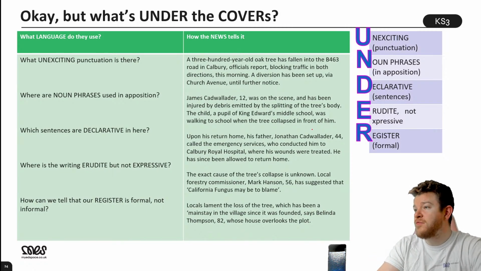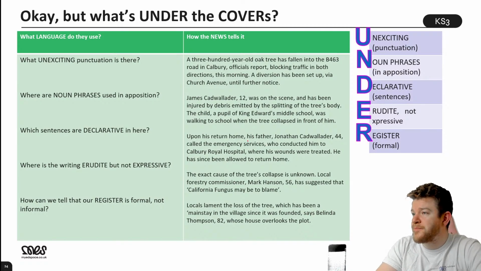I'm just going to underline them, just subtly. There it is, underlined. There is another example. Here's another example.